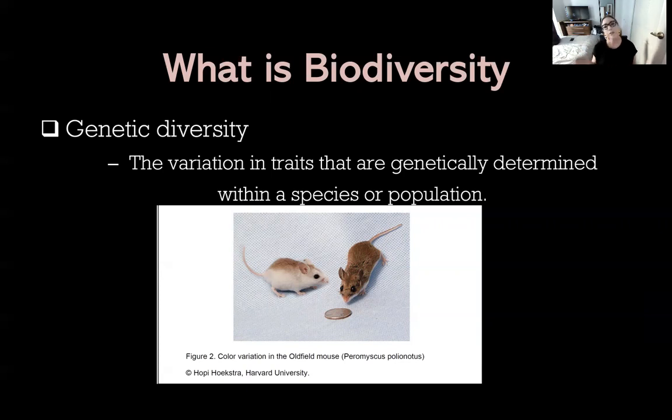But if we had a lot of different types of corn, there might be some types of corn that are resistant to the insect. Maybe they produce a chemical the insect doesn't like. Okay, so if we have a greater variety, genetic diversity, then we have a better chance of maintaining populations even when there are changes to the environment.